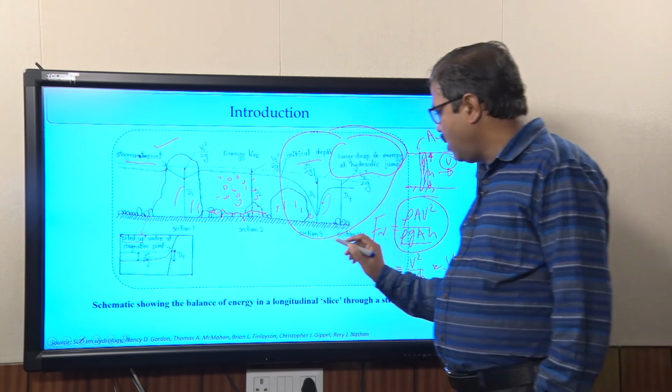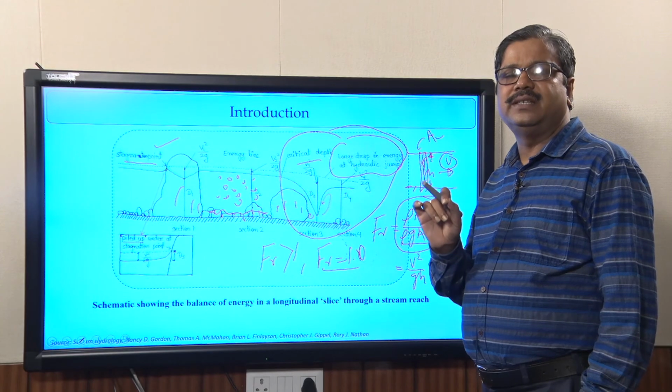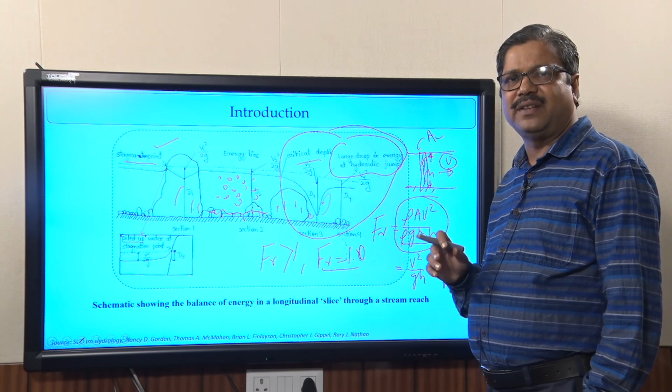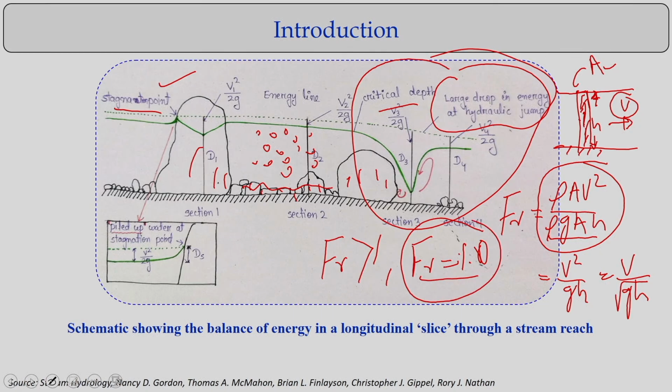So when I talk about the Froude number being greater than 1, or I am talking about the Froude number being equal to 1, what does it indicate? That is the condition where the gravity force is equal to the inertia force. That condition happens when you have critical flow, where the Froude number is equal to 1.